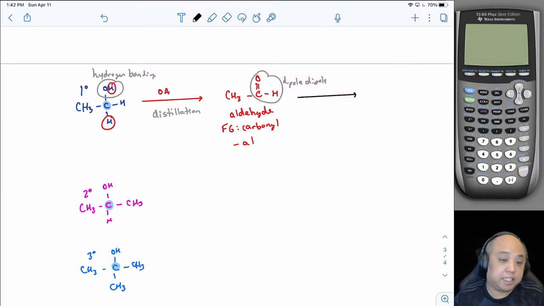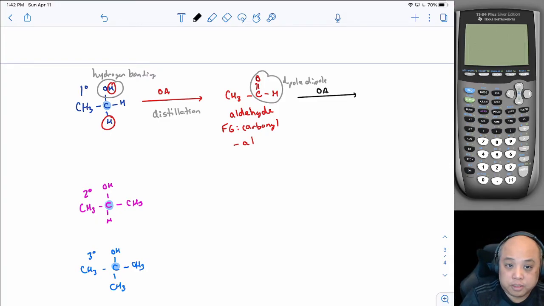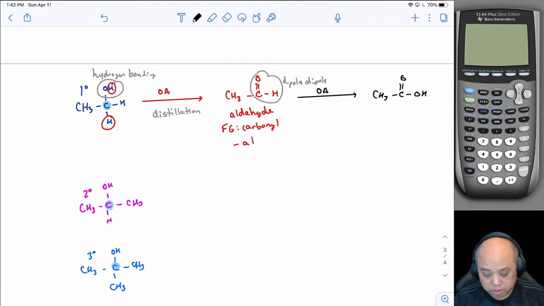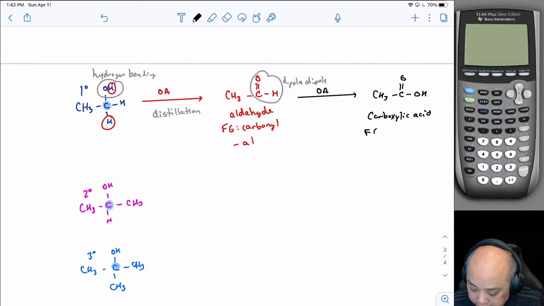But if we wanted to continue oxidizing, we will add, question? Okay. If we want to keep oxidizing, because there is potential to oxidize here, we can oxidize this all the way to this, the carboxylic acid. Okay. And this has a functional group of a carboxyl group.